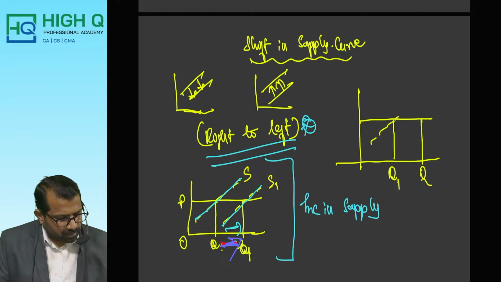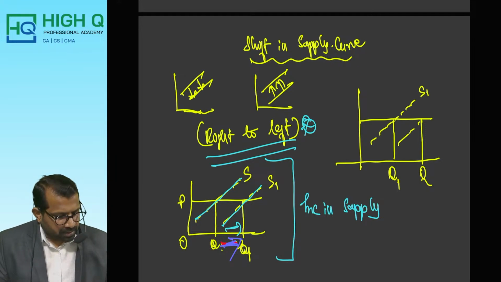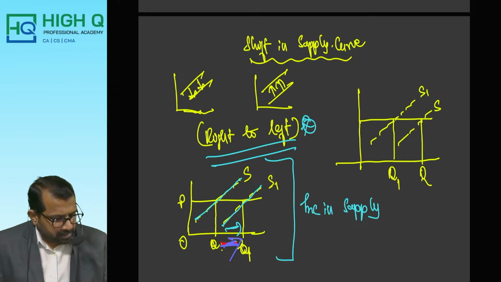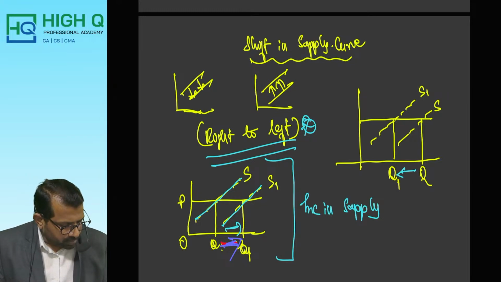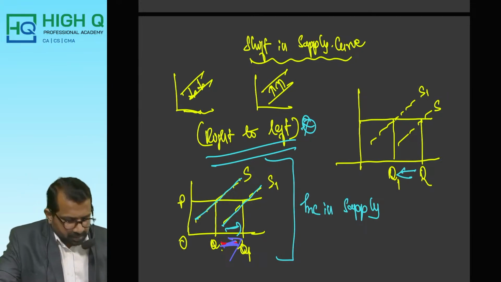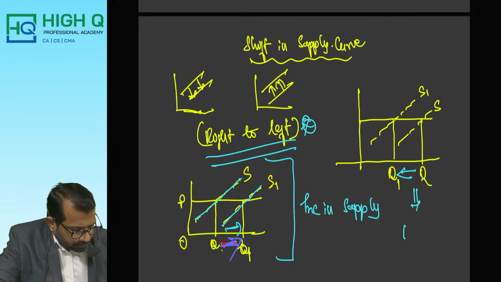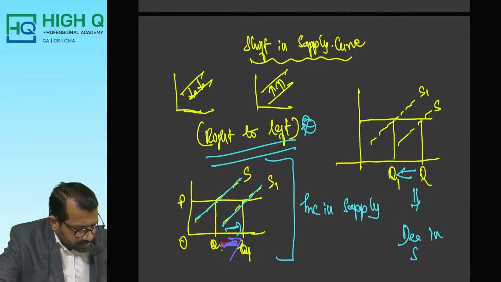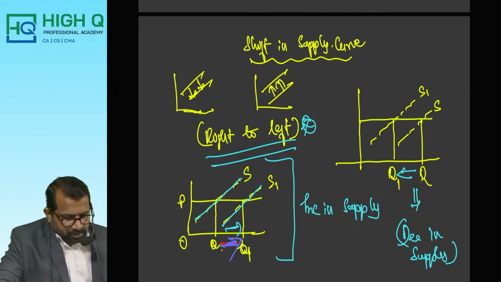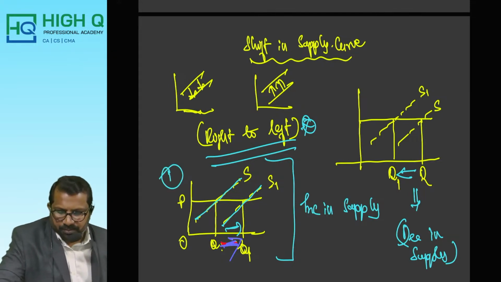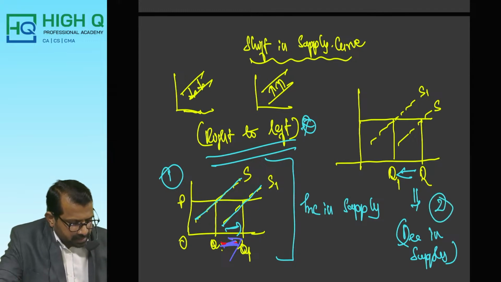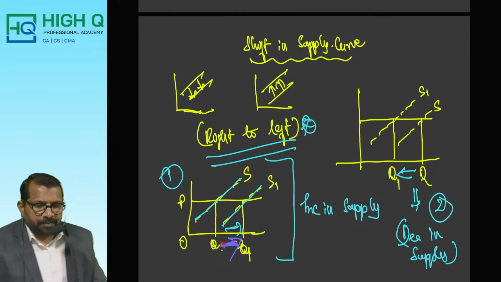Now S1, yes, but for this Q2, Q1. This diagram represents a decrease in supply. So this part is an increase in supply, and this one deals with a decrease in supply.